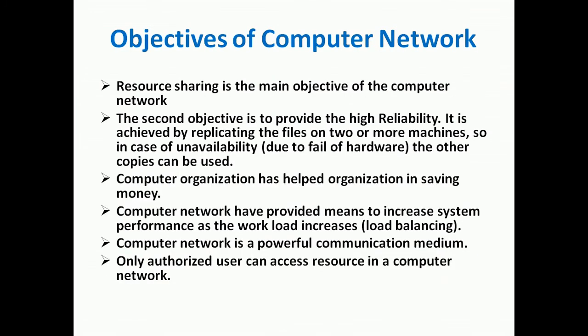Next, what are the objectives of computer network? Why computer network is used? So main objective of computer network is resource sharing. A resource can be any software, any data, any program, or any hardware, and that resource can be shared.